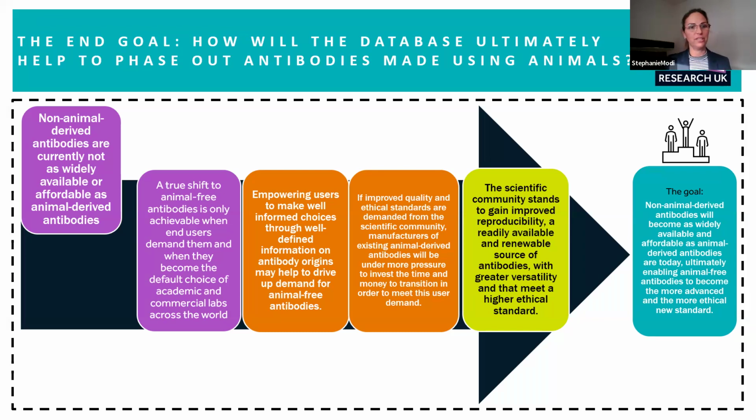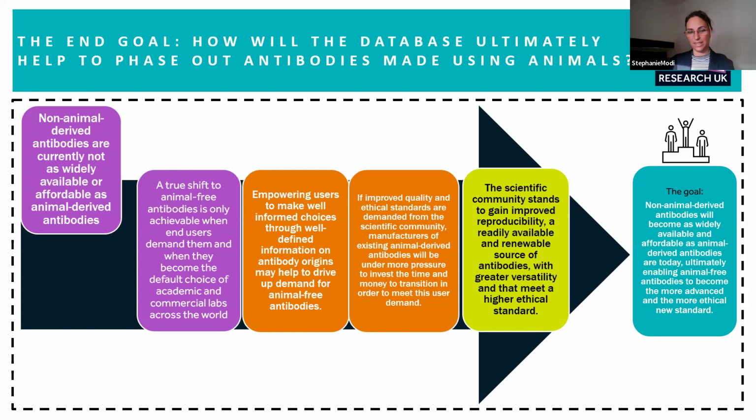But a true shift to animal-free antibodies is really only achievable when end users demand them and when they become the default choice of academic and commercial labs across the world. So what we're doing through this database is empowering users to make well-informed choices through those clear categories and giving them well-defined information on the origin. And this will help to drive up the demand for animal-free antibodies.